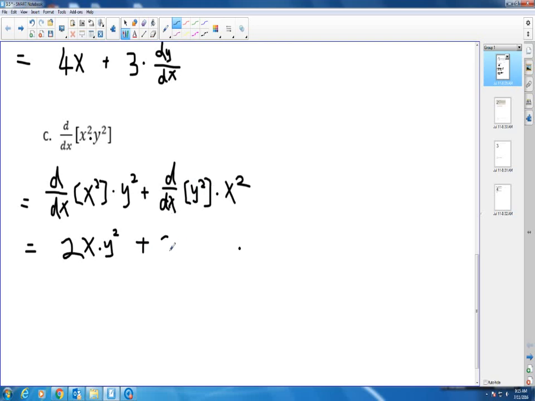So the derivative of the outside, and of the inside the exponent goes down by 1, times dy dx, times x squared. So if I simplify this a little bit, this answer is nothing but 2xy squared plus 2x squared y dy dx.